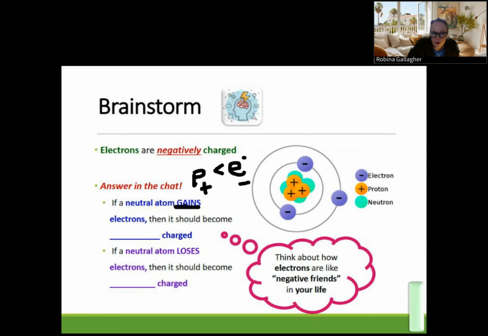Then the overall atom is going to become negative, right? If a neutral atom loses electrons, though, then the protons are going to outnumber the electrons, and we're going to have more positive charges than negative charges. And then that atom would become positively charged.